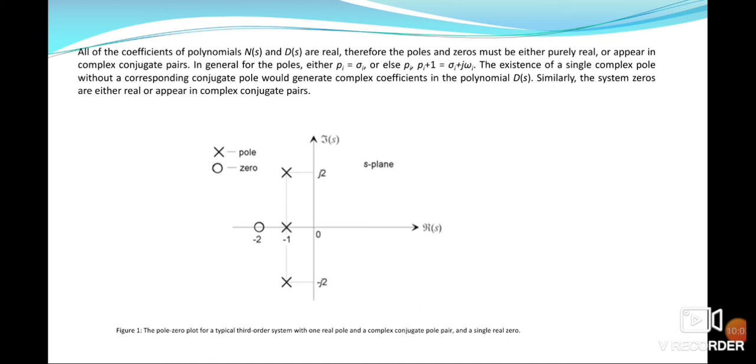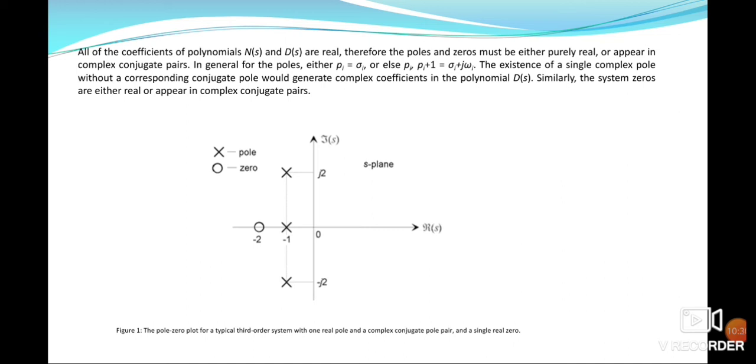The denominator, that is the location of poles, will be represented as there are 3 poles present, one on the real axis and 2 poles on the second and third quadrants, that is complex conjugate pairs. So the denominator will be represented as s plus 1 and the complex conjugate pairs will be represented as s plus 1 minus j2, s plus 1 plus j2.